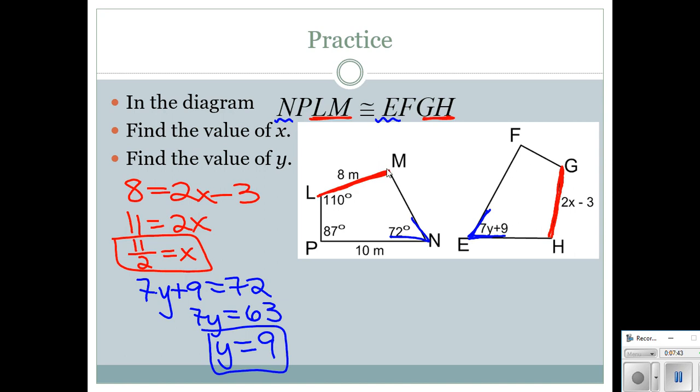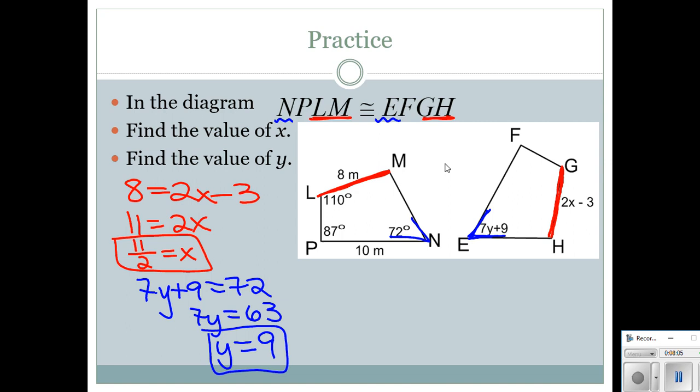The side LM is corresponding to side GH, therefore they are congruent. If you look at the shape, this is the shorter side, this is the longer side, this is the longer side, this is the shorter side, so this is kind of turned. Also, you can see that LM, GH, they are corresponding.